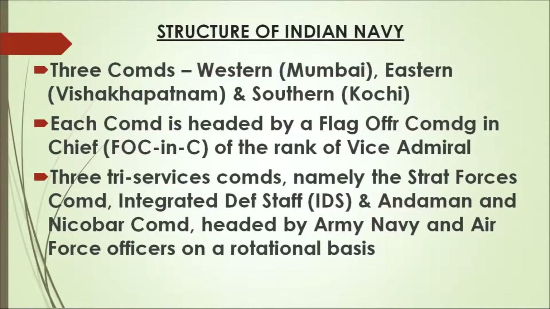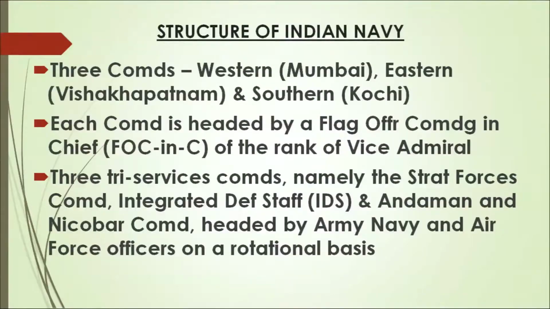The Indian Navy is structured into 3 commands: the Western Naval Command, which is in Mumbai; the Eastern Naval Command is in Visakhapatnam; the Southern Naval Command is in Kochi. Each command is headed by a flag officer commanding in chief. In short, we call him FOC&C, who is of the rank of Vice Admiral.